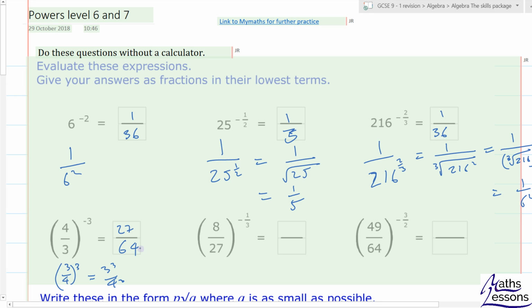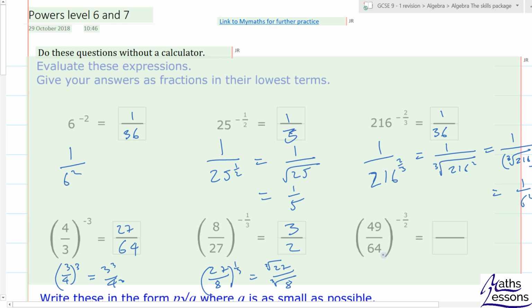Okay, 8 over 27 to the minus 1/3. Remember, the minus means we flip this. Okay, so that's 27 over 8 to the power of 1/3, which is the cube root. Each of those, so the cube root of 27 is 3 over the cube root of 8, which is 2.